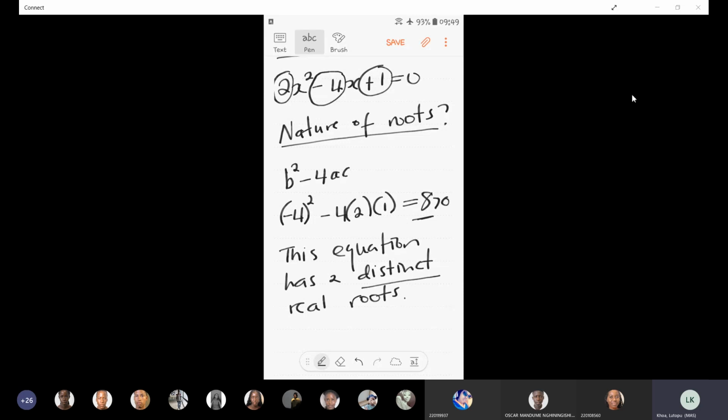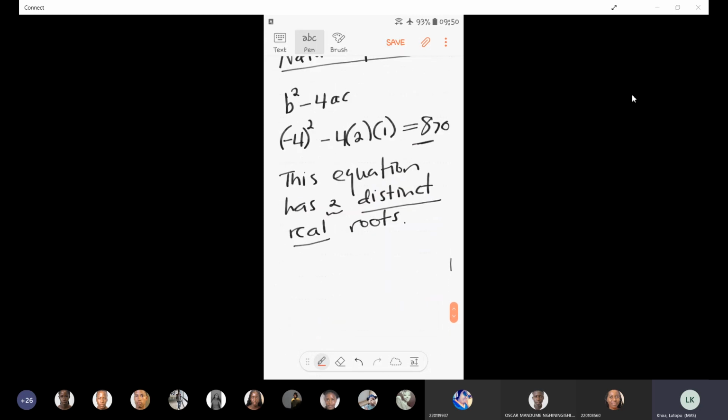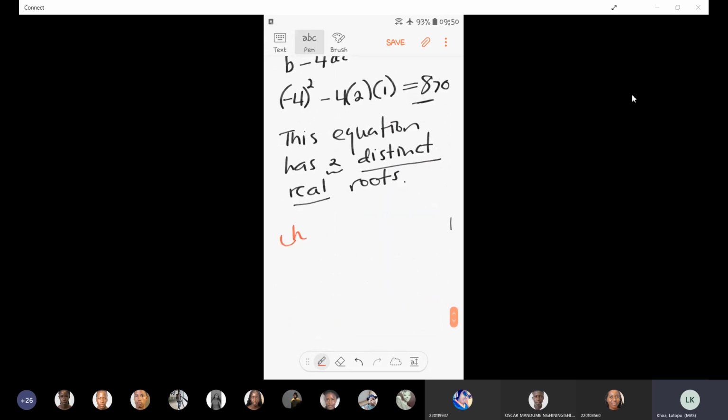They are distinct and real. So there are 3 things about the roots that we can say: there are 2 of them, they are distinct, and they are real. And we can actually work it out and see that that is the case. So here we're just checking if that is the case.